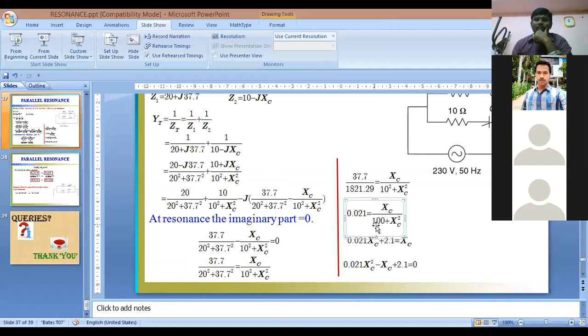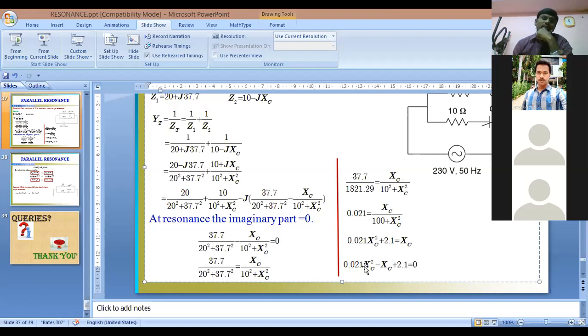So 100 into 0.021 is 2.1, plus 0.021 XC square is equal to XC. So 0.021 XC square minus XC plus 2.1 is equal to 0.